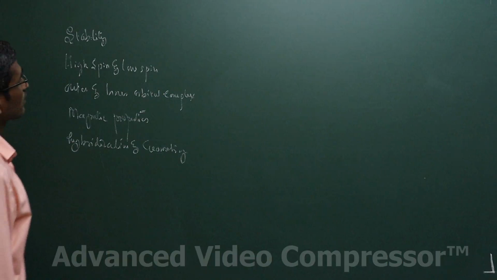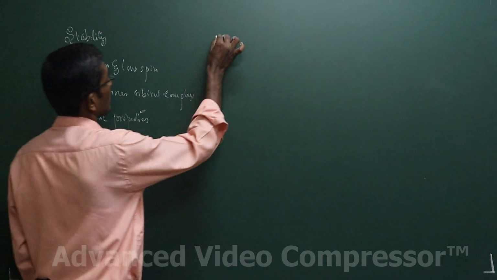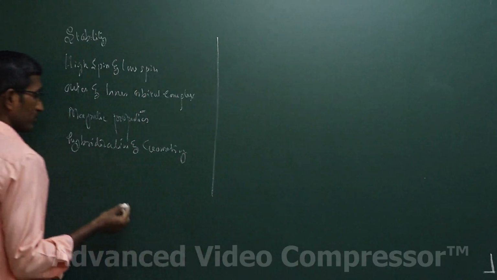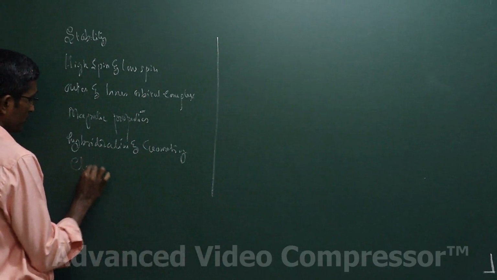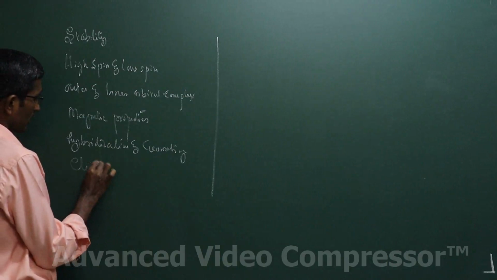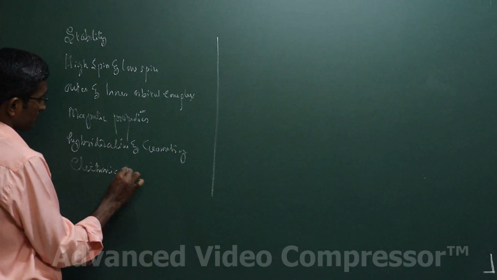So these are the areas. CFT anyhow we have calculated, and also we have gone through the electronic configuration. Also we will go through once again writing the electronic configuration.